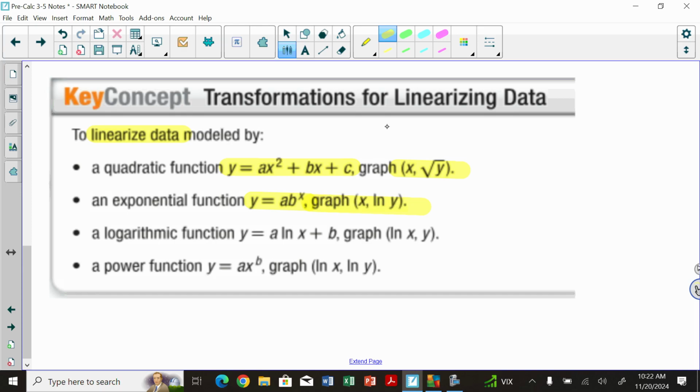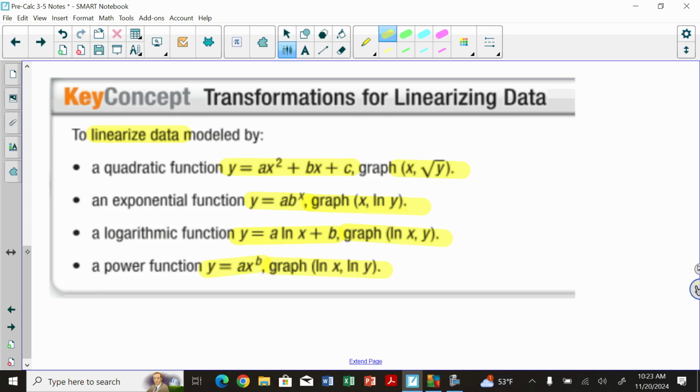For a logarithmic function, okay, we know it's a little bit different. We write it differently, right? Logarithmic and exponentials are inverses. So we kind of have that going on: a natural log of x plus b. So if it's a logarithmic function that we see, the graph that we're going to use is natural log of x comma y. Those are the points we're going to plot. And a power function, a x to the b, in this case we would graph natural log of x and natural log of y.